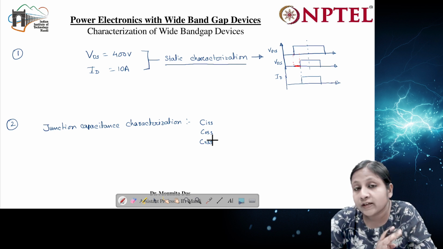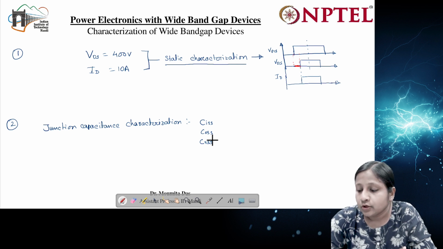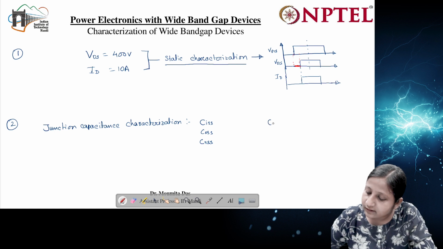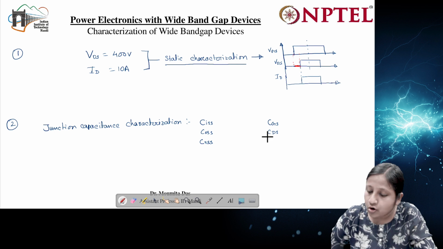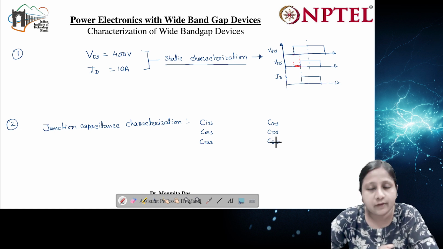So when I say input capacitance, this input capacitance has two different capacitor components of the device. When you try to characterize the capacitances, the capacitance which we get to see in the device will be either gate to source capacitance, drain to source capacitance, or gate to drain capacitance of the device.